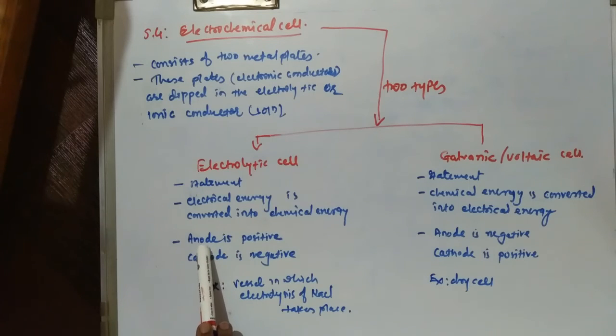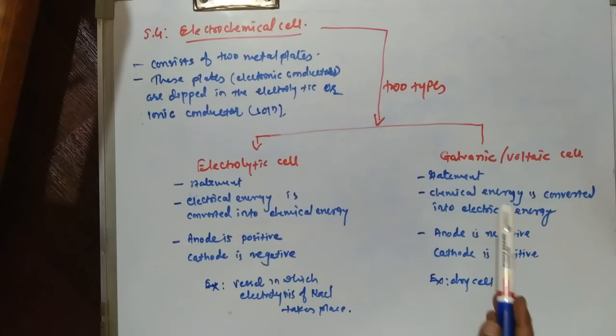At the positive electrode, the negative ion comes and gives electrons, that is the oxidation, and because oxidation takes place, it is the anode. And in the galvanic cell, at the anode oxidation takes place, and the anode is negative.